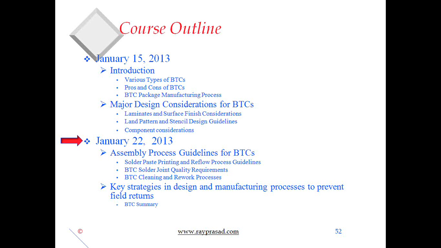So that's basically 1.5 mil, which is practically nothing. He's correct in saying this is just like a BTC, and when you do the cross section, the solder joint doesn't look that good.